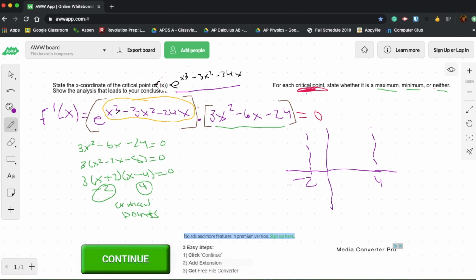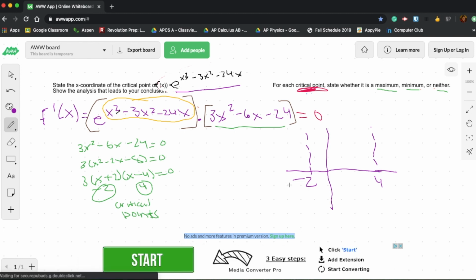So, let's try negative 3. We put negative 3 into that equation, and that certainly gives us a negative number. Say if we put 0, it gives us a positive number because e to the 0 is 1. And for 5, that's going to be a positive number.